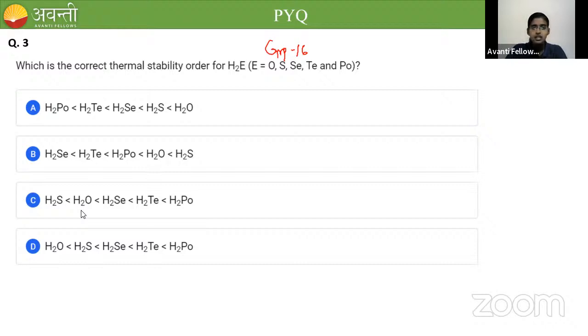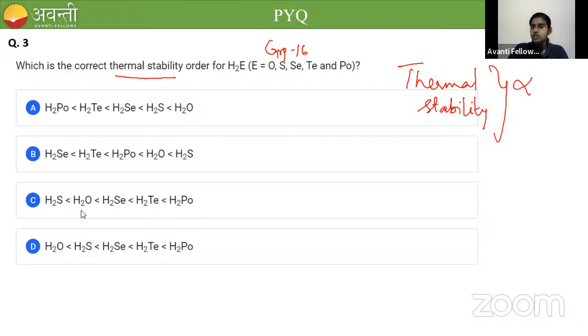Okay, let's discuss here. The thermal stability depends on the bond dissociation energy. So thermal stability is directly proportional to the bond dissociation enthalpy or energy.